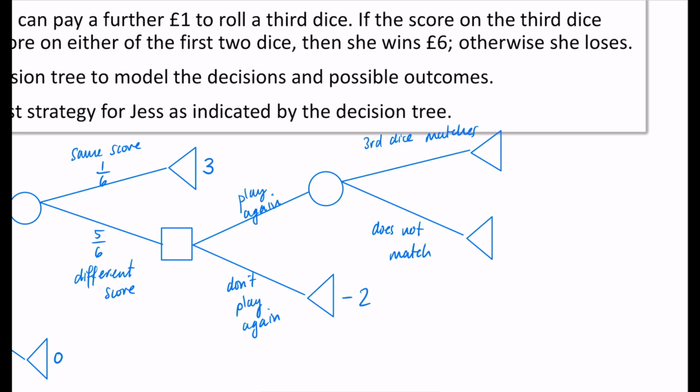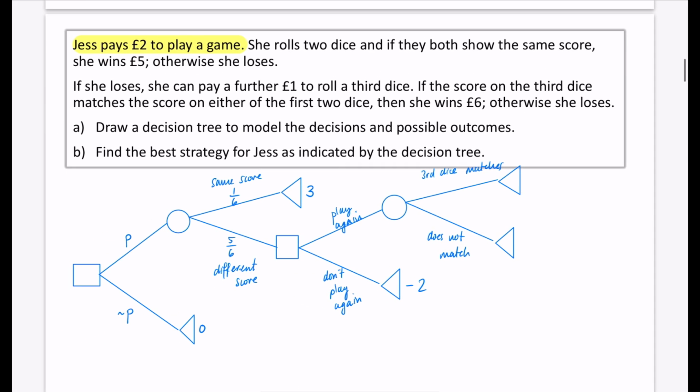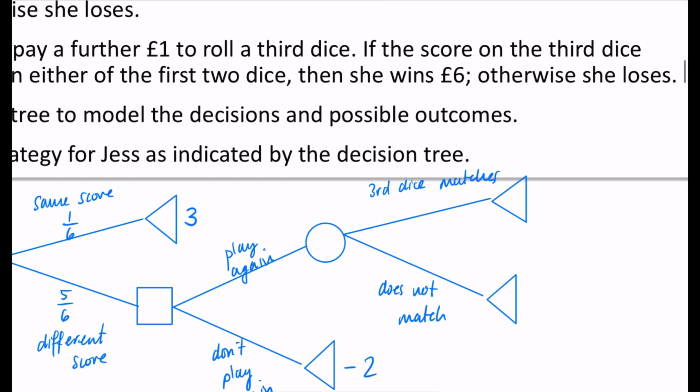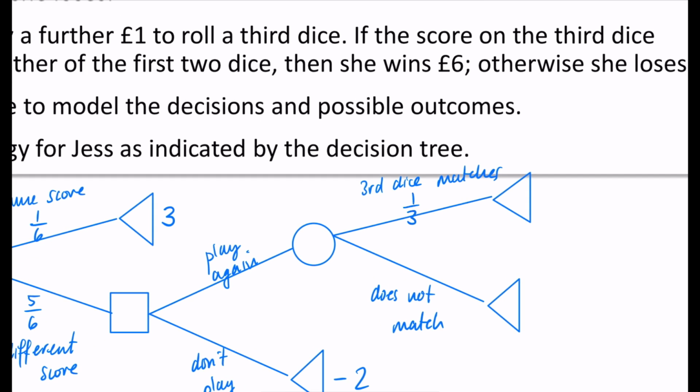So it's either going to match one of those two values, because if they did show the same score, then they would already have won. So they're showing different scores at this point. Maybe they've rolled a 2 and a 3. So the probability of the third dice matching, it has to match one of these two different scores, which is 2 out of 6 or a probability of 1 out of 3.